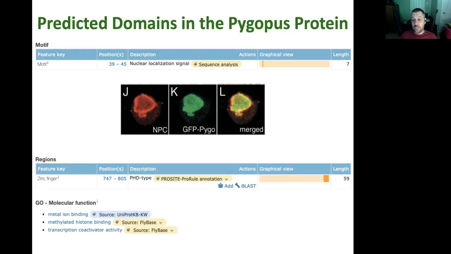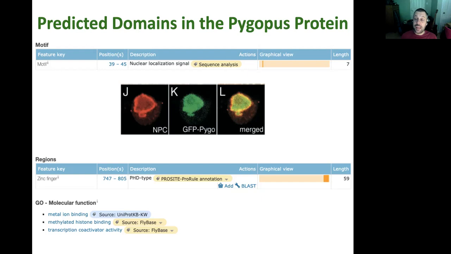And there's another domain in this protein right at the N-terminus. So if you look at the regions here and look at the feature key on the left, it says that there is a zinc finger motif. And actually, the description of this particular feature is that it is a PhD type domain, which I thought at the time was hilarious because I was doing my PhD. That's the kind of thing that I think is funny.